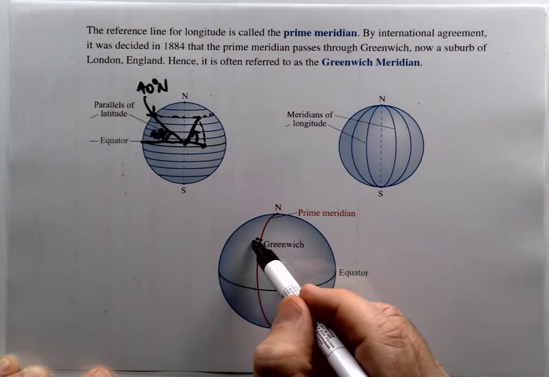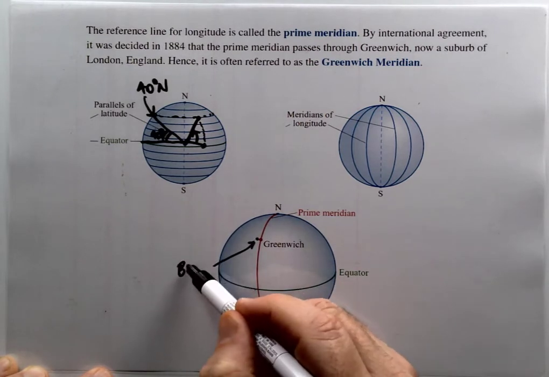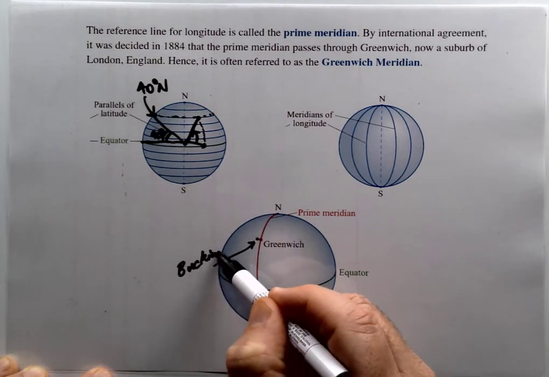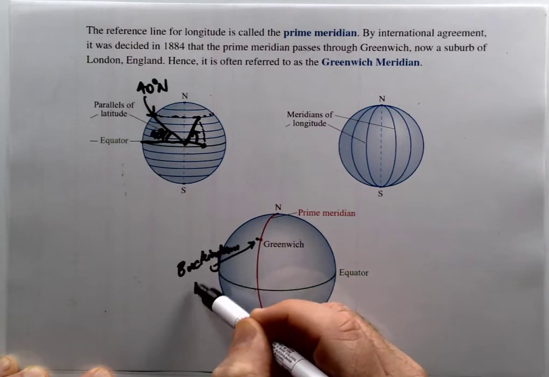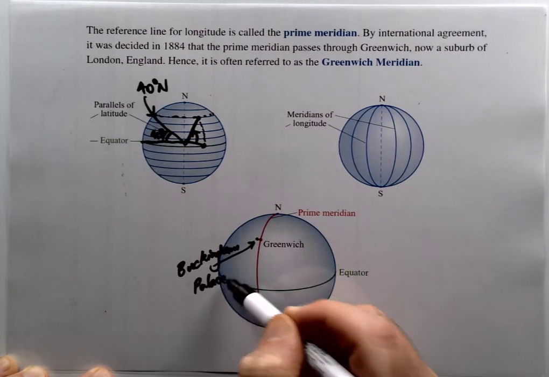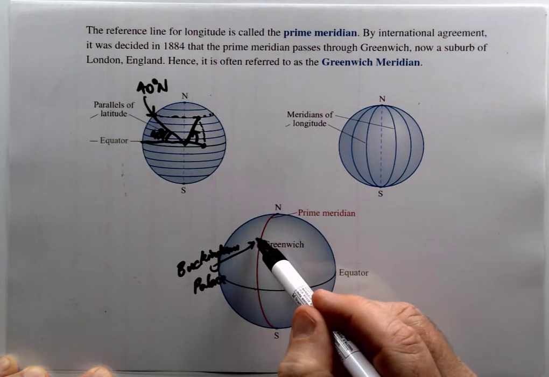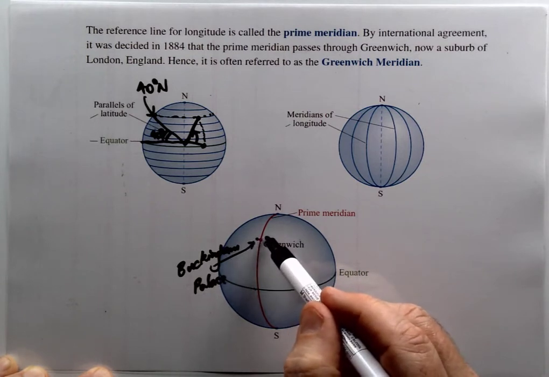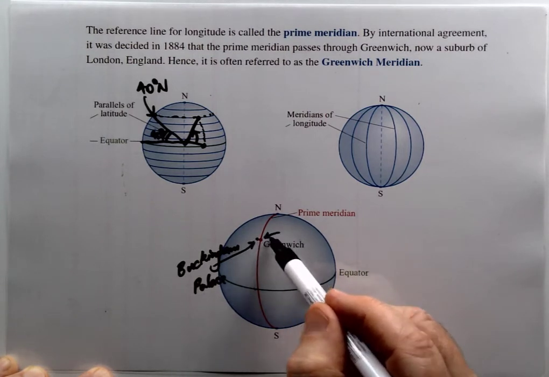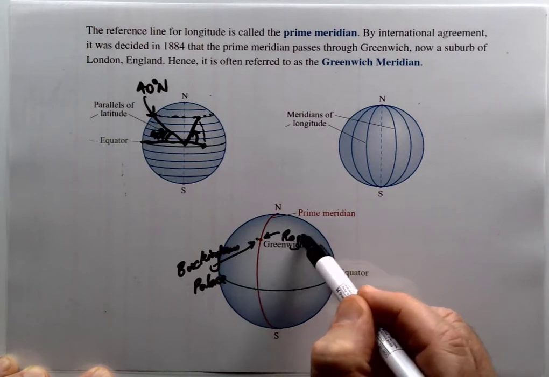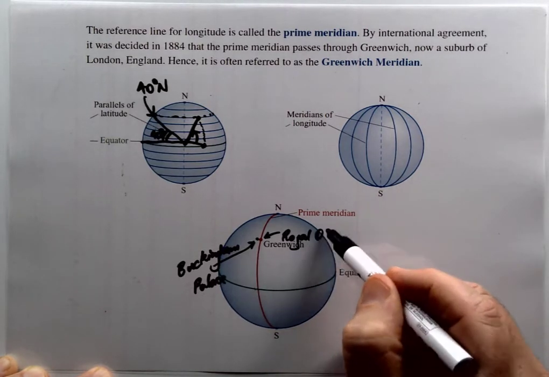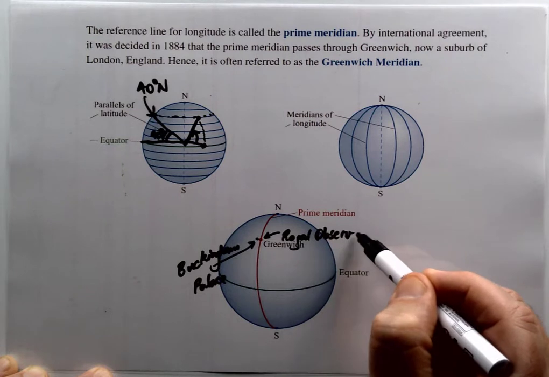Buckingham Palace is where the Queen and any future kings live at the moment. But back in the day, it was a different palace. It was down on the Thames River at Greenwich. It was called the Royal Palace, and up the back of the palace, they had the Royal Observatory. You can actually go there.